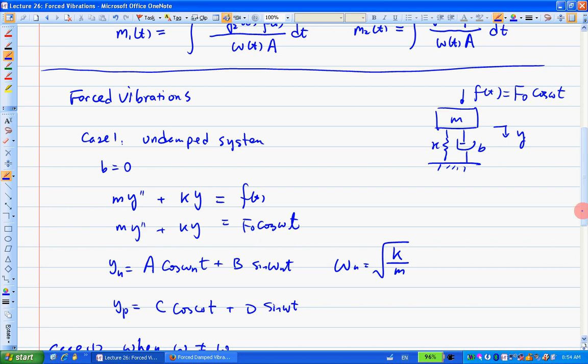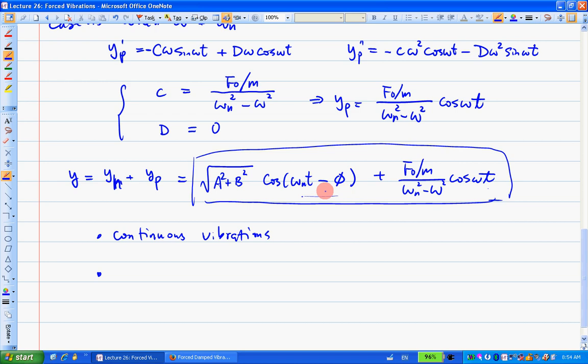You're not going to be able to change this, as it is part of the system. So the only change is here. If F0 is changed, then this amplitude will change, right? If this amplitude changes, then overall you would expect the whole signal, or whole vibration, to have a larger amplitude. Does that make sense, right?